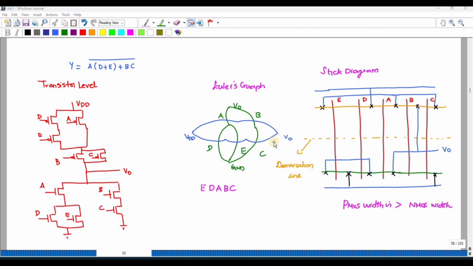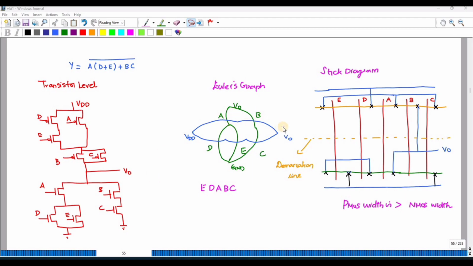It starts from the output connected to A and B, followed by D and E, and D and E are connected to ground. Again it is B followed by C, and C is connected to ground. This is how we have to draw the Euler graph for NMOS. Similarly you have to draw it for PMOS, horizontally.